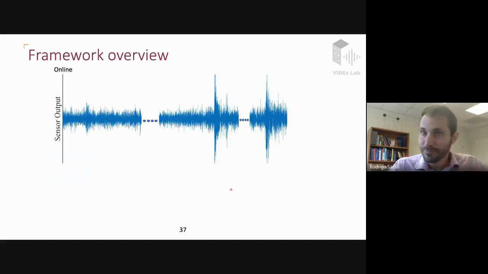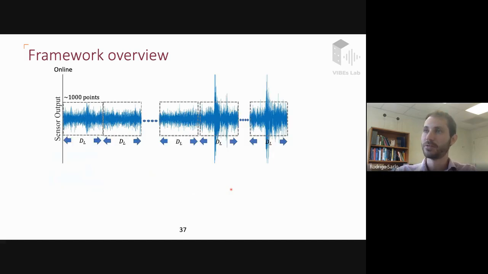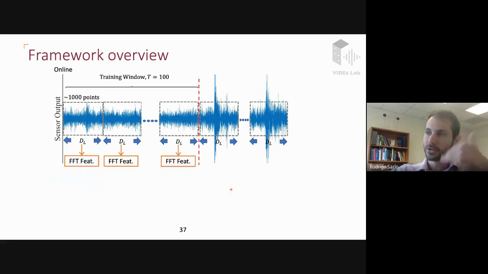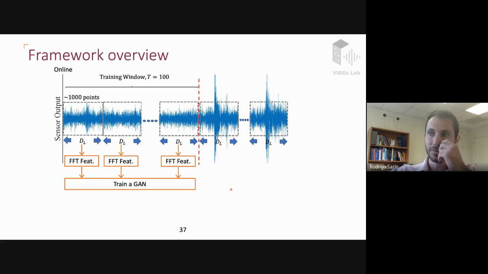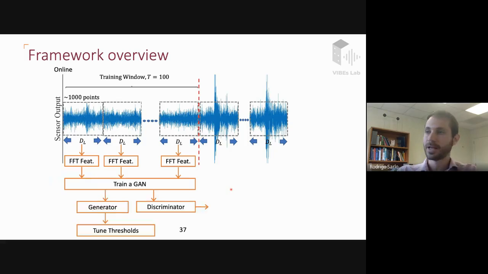It's a lot of stuff to think about, but this is just an overview of how everything fits together. We have our data stream, we split it into segments, we define our training window, we extract the features, and then from the features, we train a GAN. That GAN gives us both a generator and a discriminator, two neural networks. The generator is used to generate samples, and along with the discriminator, tunes the thresholds, just like you saw.